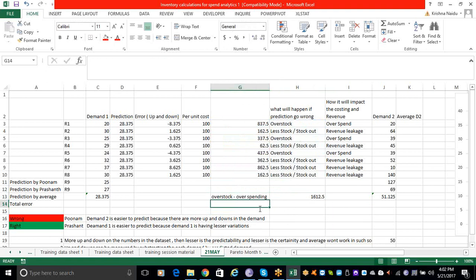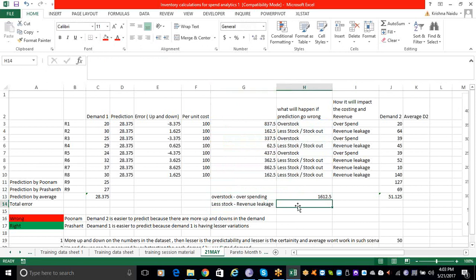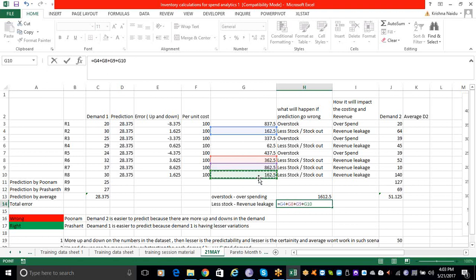Okay. Next scenario is less stock. That is called revenue leakage. The scenarios where we had revenue leakage are first 162.5 plus 362.5 plus 862.5 plus 162.5.